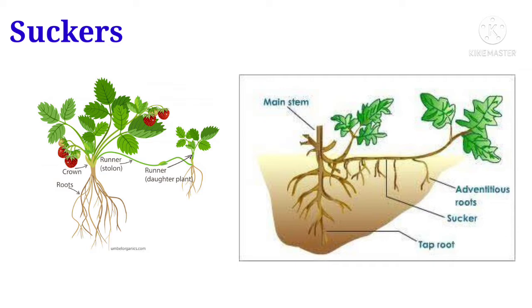So, the difference between runners and suckers is that runners grow above the ground, while suckers run below the surface of the ground. Mint plants are suckers. We can take mint plants as examples.